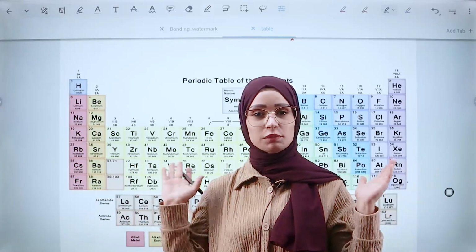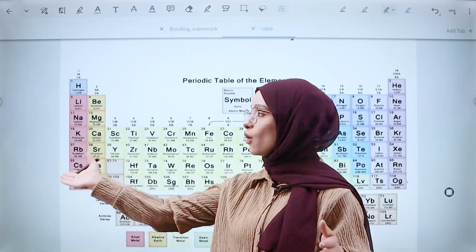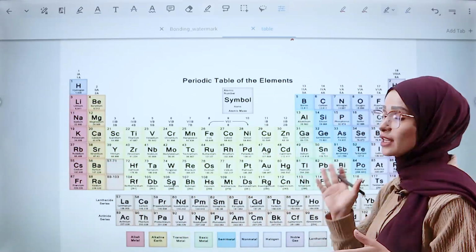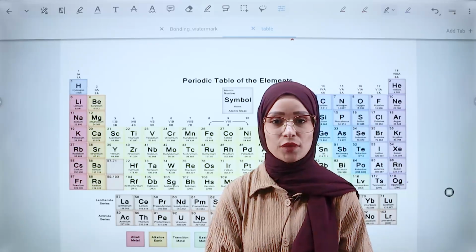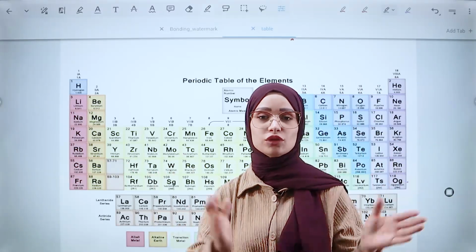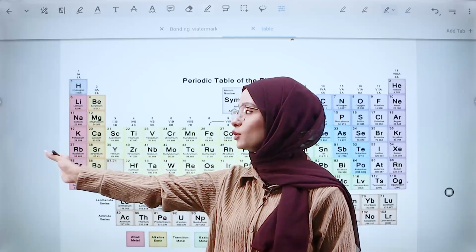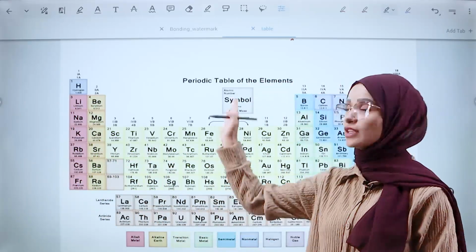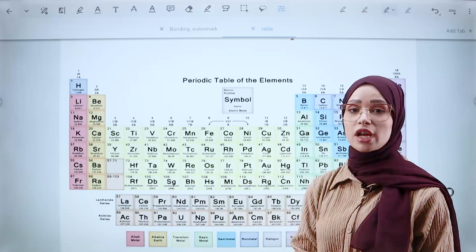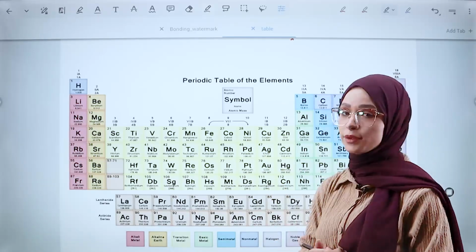If you look at this periodic table, we have all these elements. As we said in the previous video, the periodic table is divided into two types. These are metals: group number 1 and group number 2, transition metals, and some of group number 3 are metals except boron.